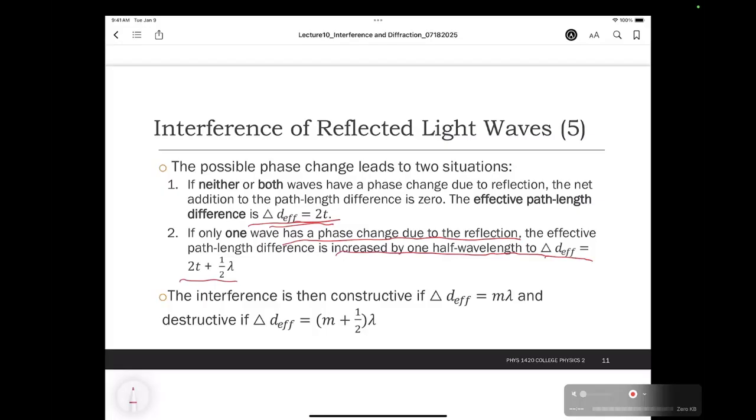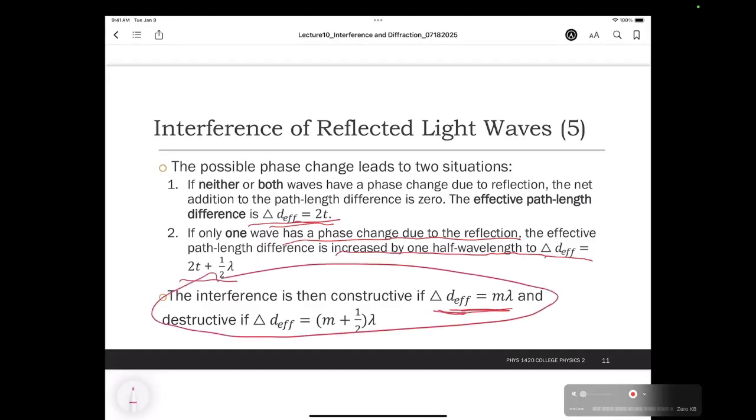Okay, the interference is then constructive if the path difference equals a whole number of wavelengths, which we talked about last week. If the interference is destructive, it equals a whole number of wavelengths plus half a wavelength.